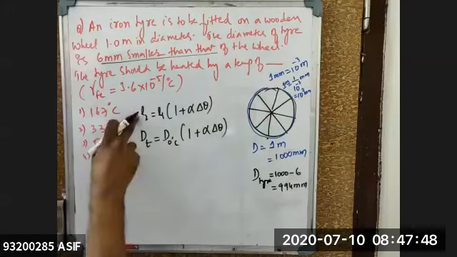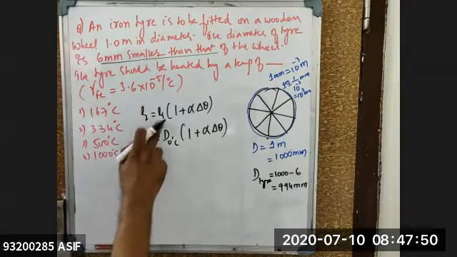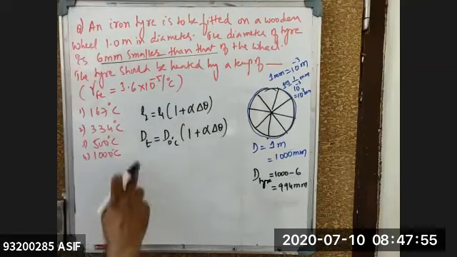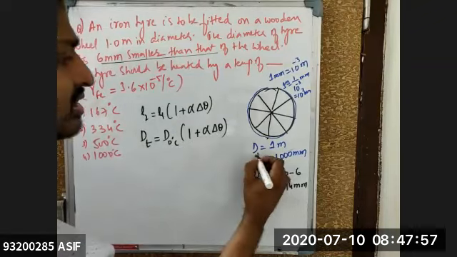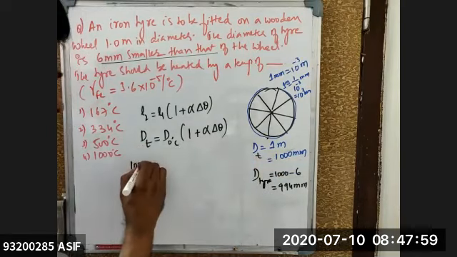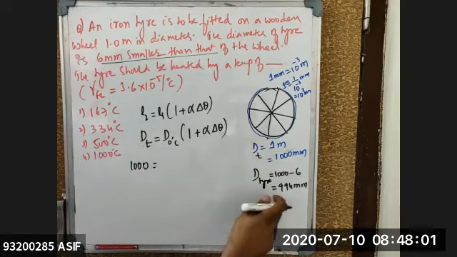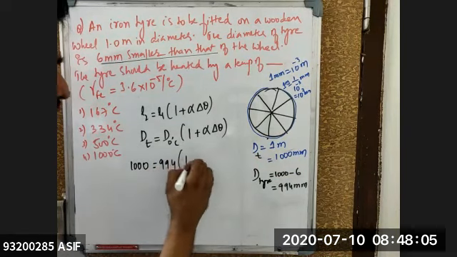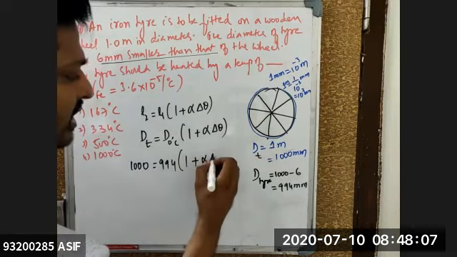Now in place of L2, we'll write the diameter at T degrees centigrade. In place of L1, the diameter at 0 degrees centigrade into 1 plus alpha into delta T. The diameter at T degrees centigrade is given as how much for me? 1000. That is smaller, meaning at 0 degrees centigrade, how much is that for me? 994 into 1 plus alpha into delta theta.